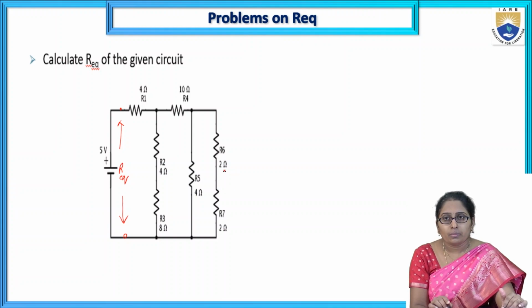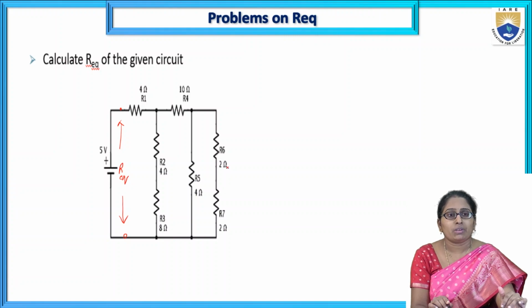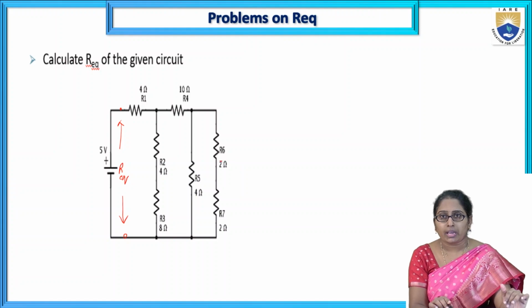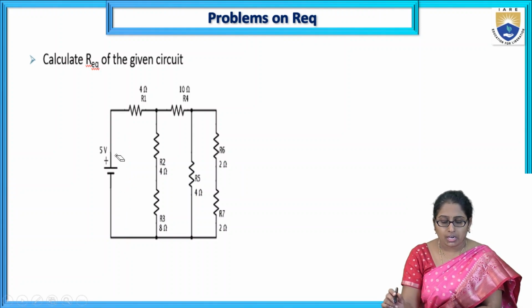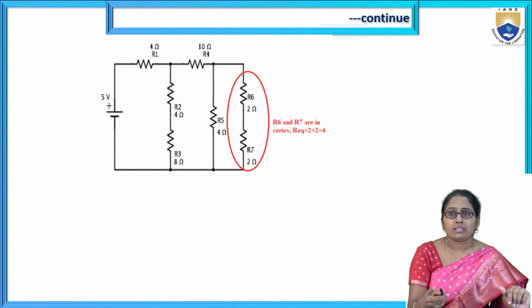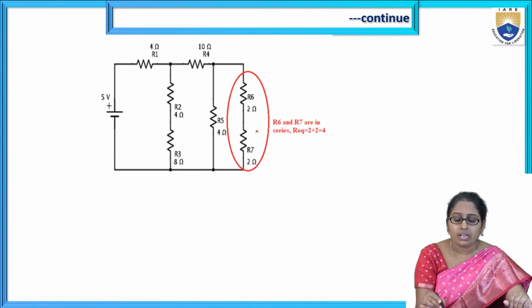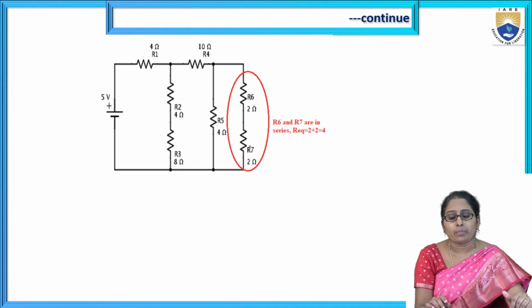This is done by knowing the series connection of two resistors, what its equivalent value is, and the parallel connection of two resistors. First I start with the other side, this R6 and R7, which you can already see on the slide. You have to know whether they are in series or parallel.